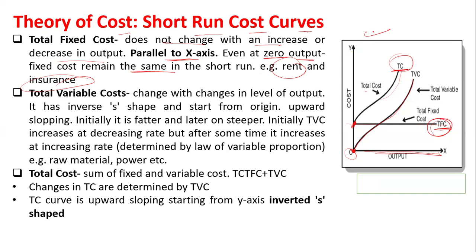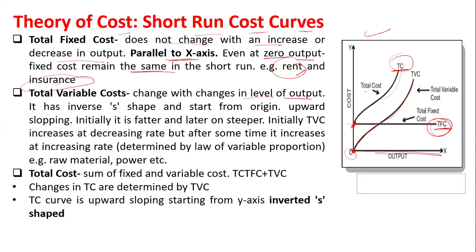If you have booked a house for living, you have to pay the rent. Then the total variable cost changes with the change in the level of output.